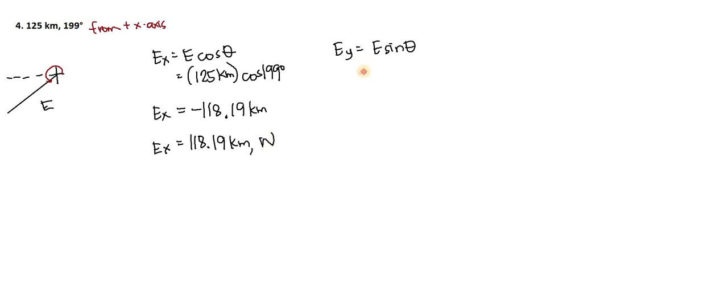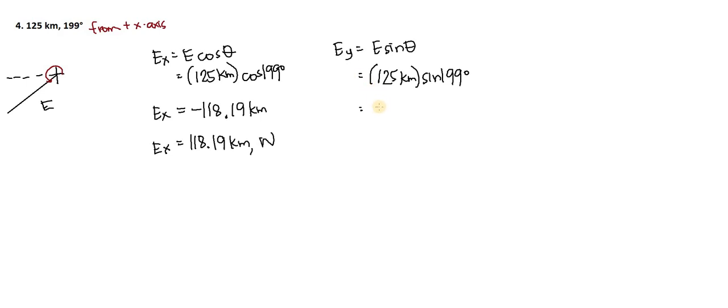Okay? So, for the E sub y, 125 kilometer, that is sine of 199 degrees. Okay? So, that will be the sine of 199, 40.70.